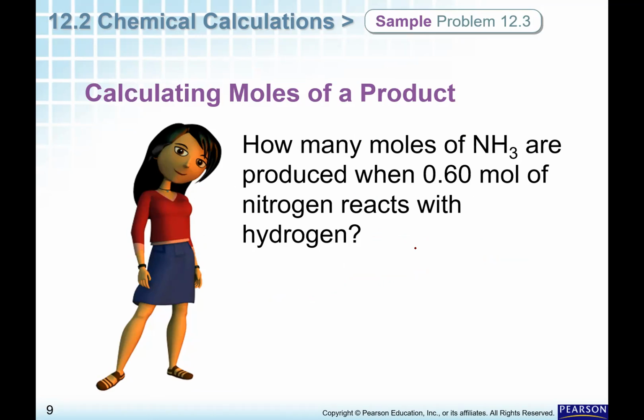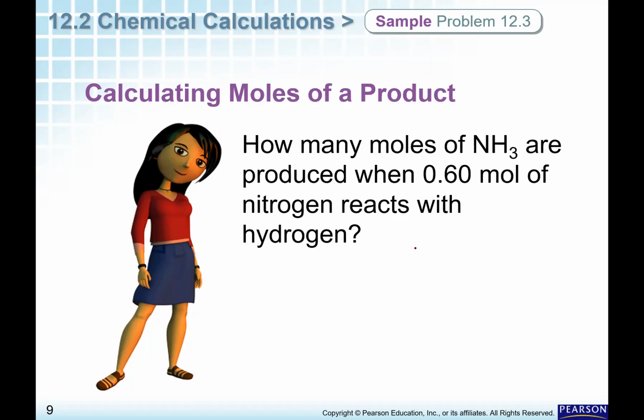Okay, so the question is again: how many moles of ammonia are produced when 0.6 moles of nitrogen reacts with hydrogen? We're talking about the same equation of hydrogen and nitrogen to produce ammonia.